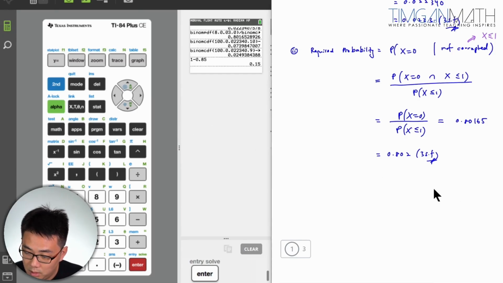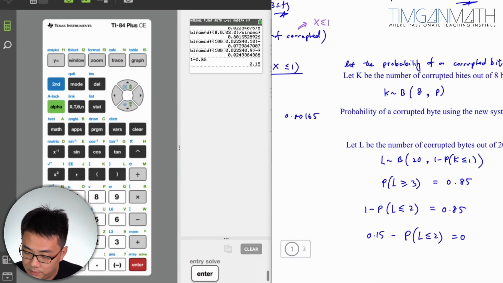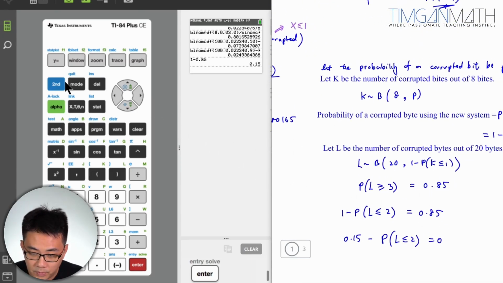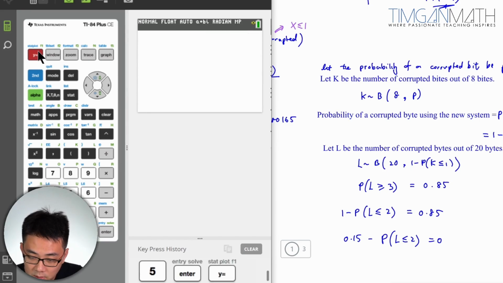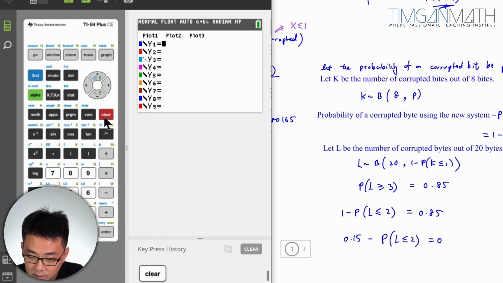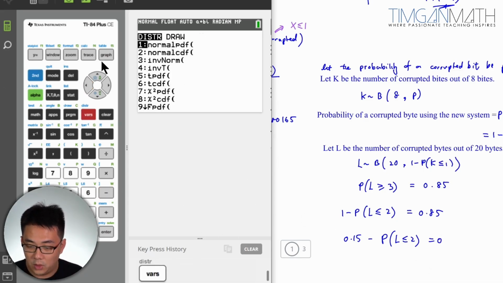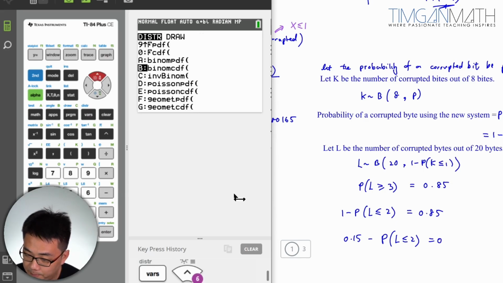Okay, so this part here. First of all, we have this one, L, which I need to key in. So let's go to L. Then I'm going to put this as 0.15, minus CDF. So this is the binomial CDF.